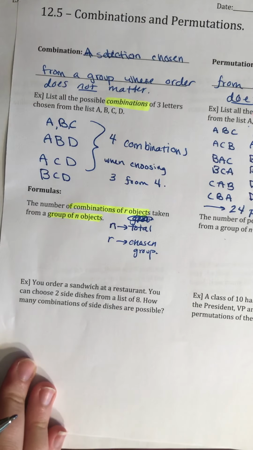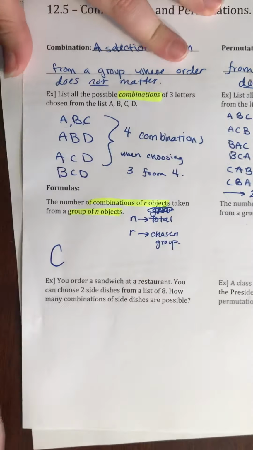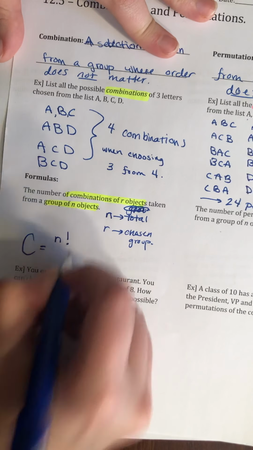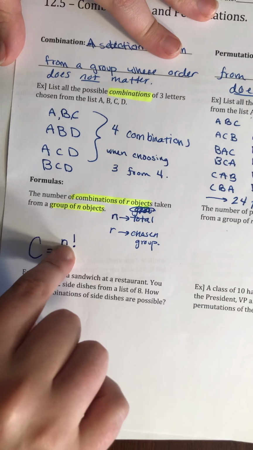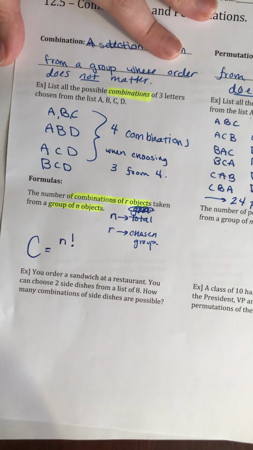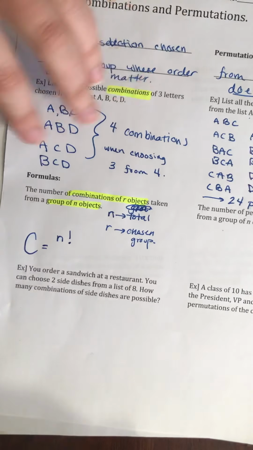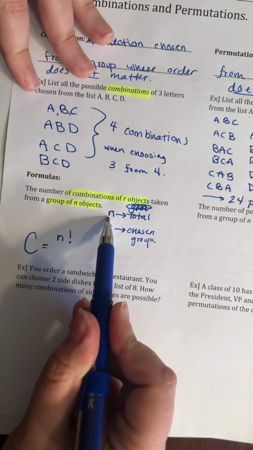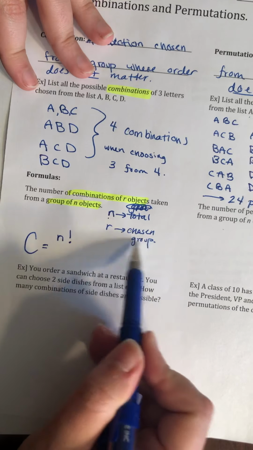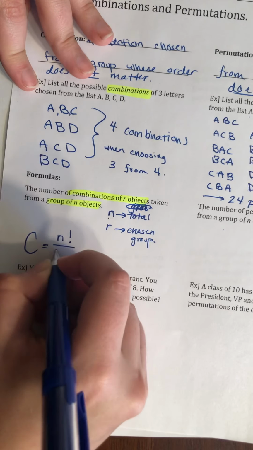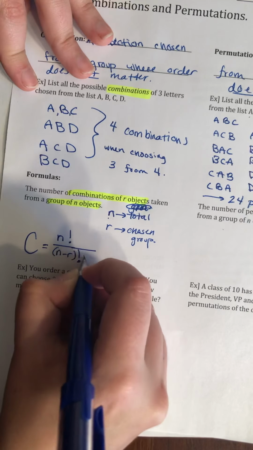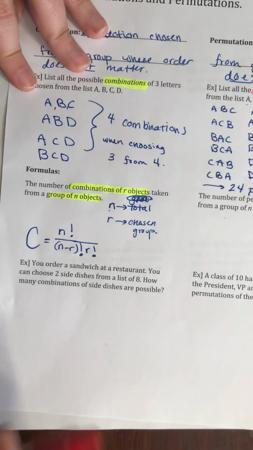The formula for a combination: we do a big C. Now, that is an exclamation point. In math, that's called a factorial, and I will show you what that means in a moment. To find the combination, when N is your total and R is how many you're picking, it's N factorial over N minus R factorial times R factorial. It's a lot of things.